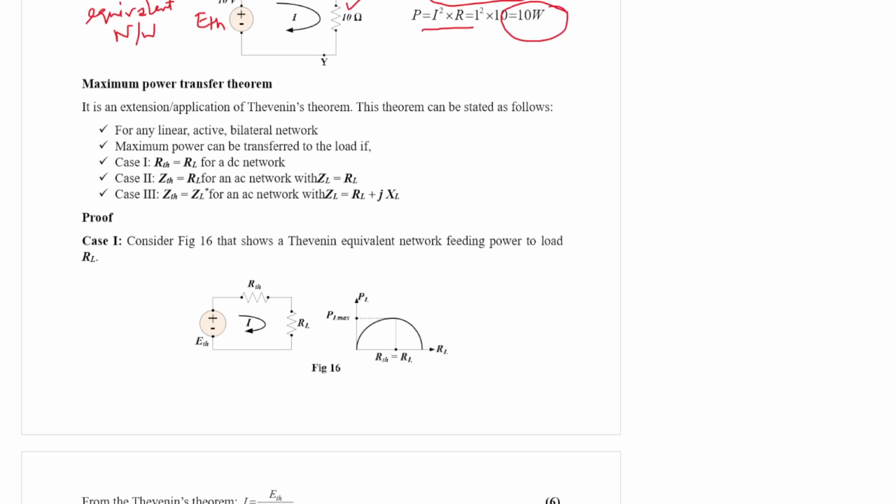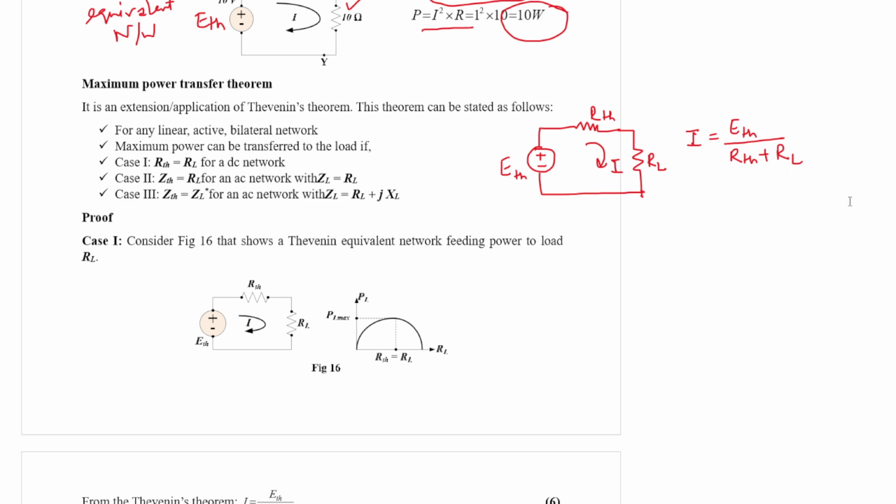From Thevenin's theorem, we have understood that if we have a voltage source ETH, an RTH, and an RL, then we find the current flowing through the load resistance by a simple relation: I = ETH over RTH plus RL.